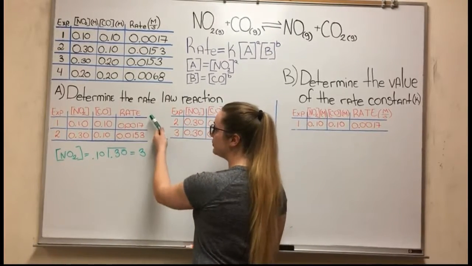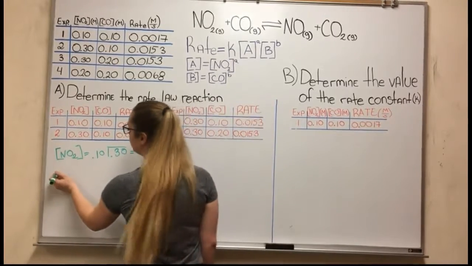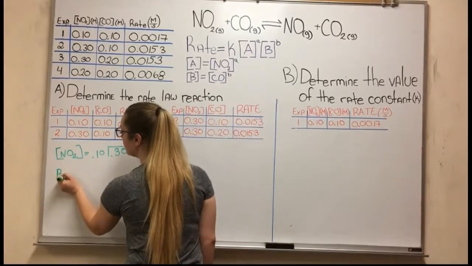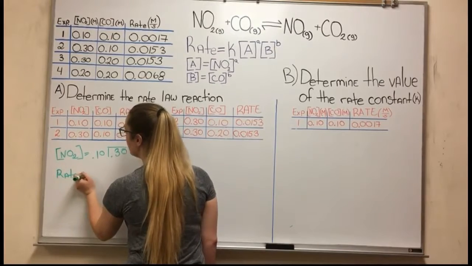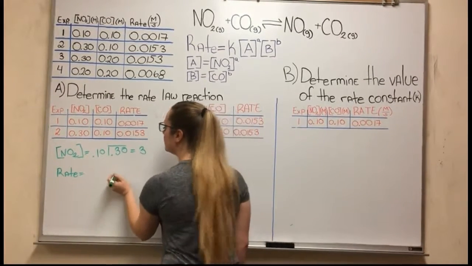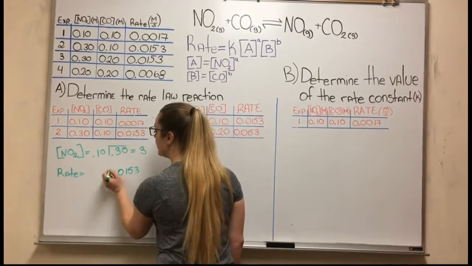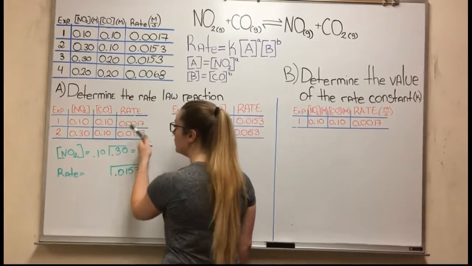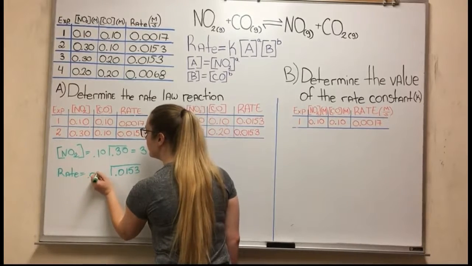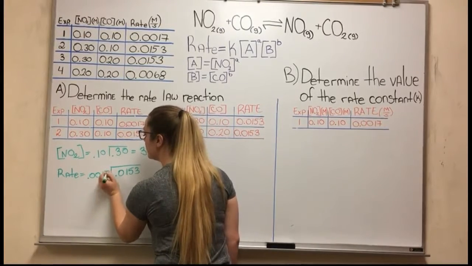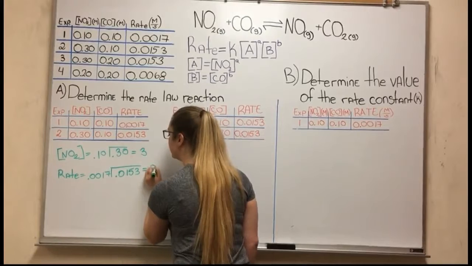Next, you're going to look at the rate change. You're going to do this by dividing your second experiment, which is 0.0153, by your first experiment, which is 0.0017, which will give you a factor of 9.